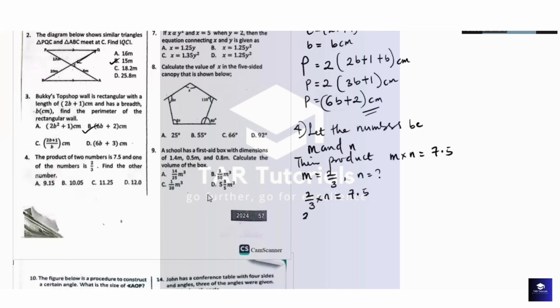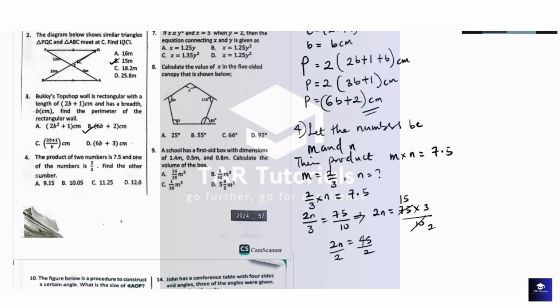Therefore, we have 2n over 3 equals 75 over 10. From this point, we can cross multiply, and that gives 2n equals 75 times 3 all over 10. Now we can simply divide. 5 into 10 is 2, and 5 into 75 is 15. Therefore, 2n equals 15 times 3, that's 45, over 2.